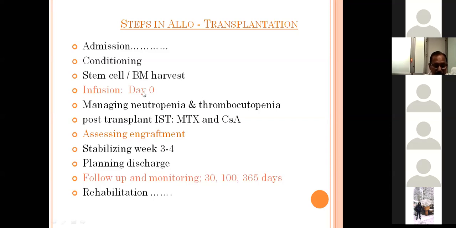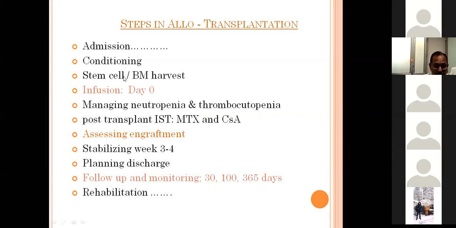Once you do the conditioning and you infuse the cell, obviously by doing conditioning, आपने patient के hemopoietic and hematolymphoid system को तकरीबन eradicate कर दिया. Eradicate कर दिया तो patient is in severe neutropenia and thrombocytopenia and anemia.